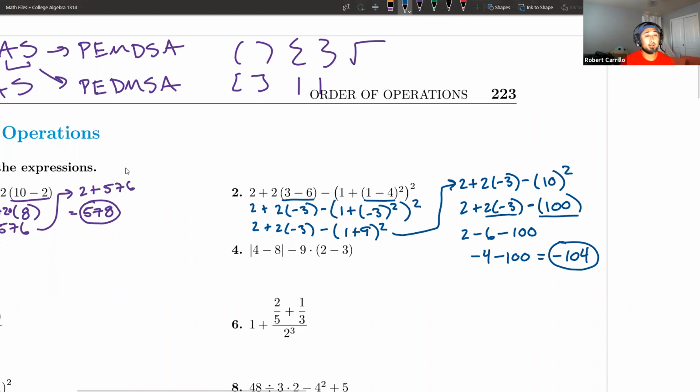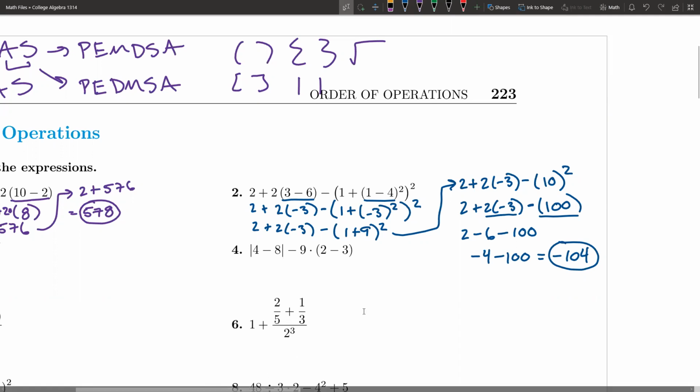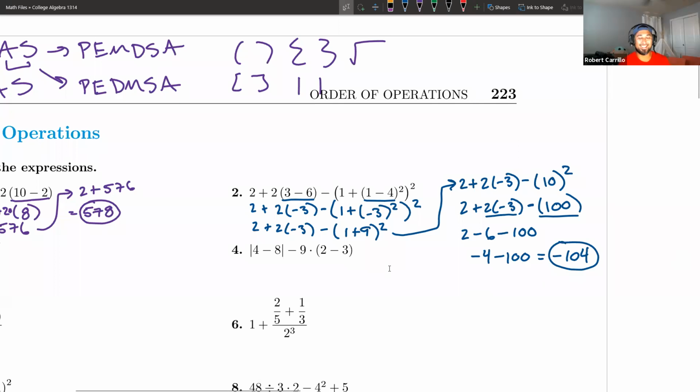All right. Questions on those two so far? Everybody good? Those extra parentheses are tricky. I just keep them on there because it's a good habit. Students love, love, love to forget parentheses.